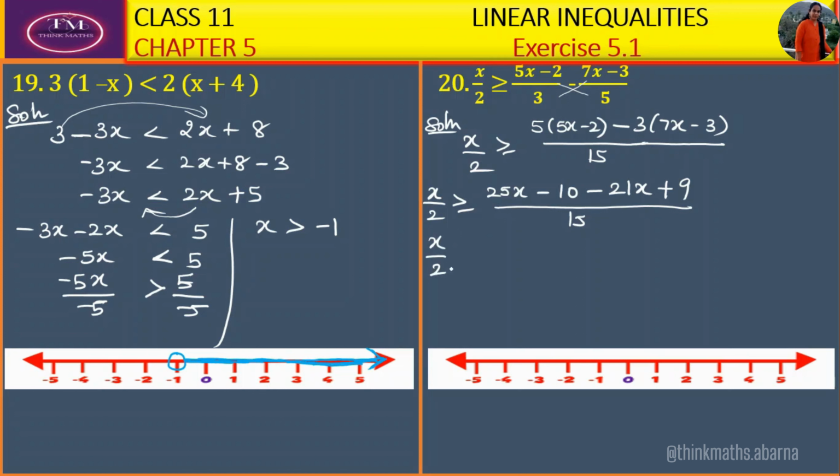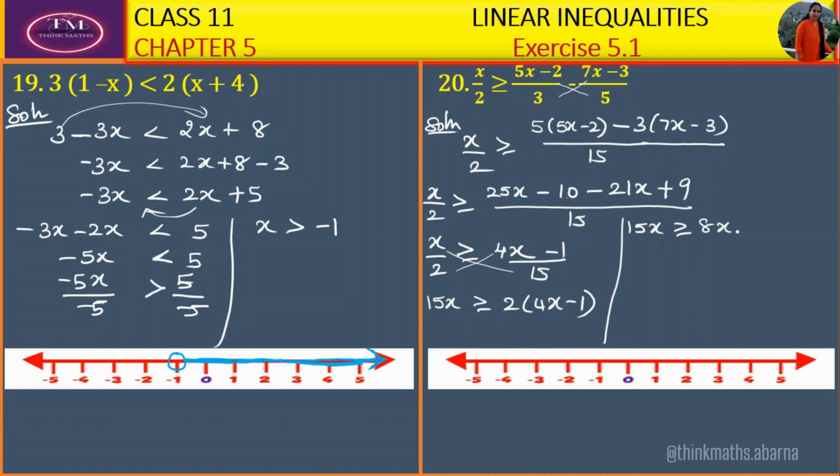So x by 2 greater than or equal to 25x minus 21x is 4x. Minus 10 plus 9 is minus 1, divided by 15. Now just cross multiply: x into 15, 15x greater than or equal to 2 into 4x minus 1. So 15x as such, multiplying with 2, 2 into 4, 8x minus 2.